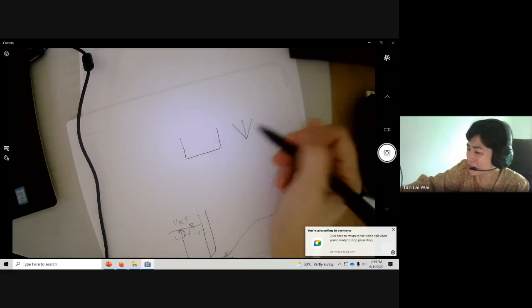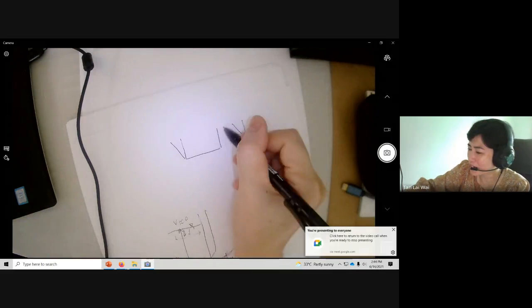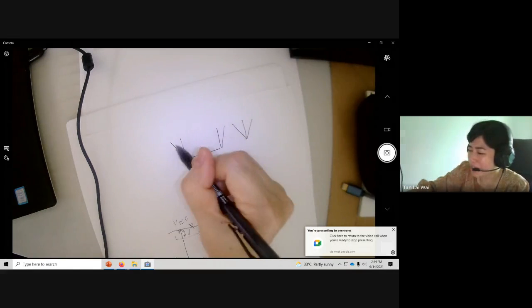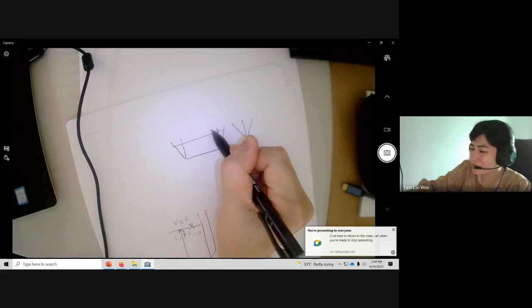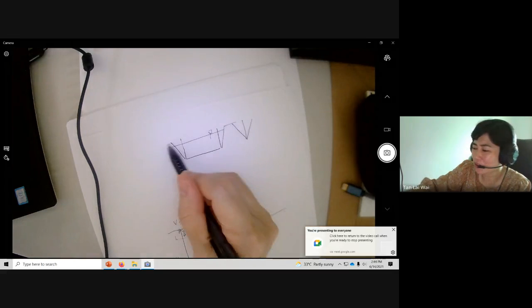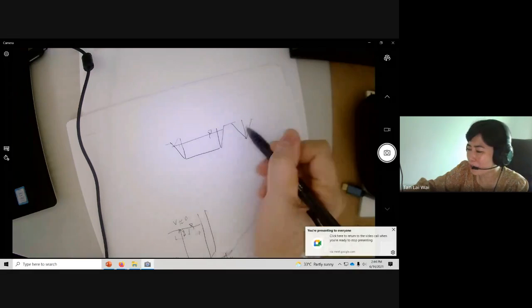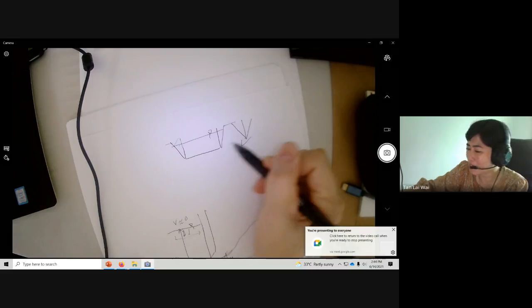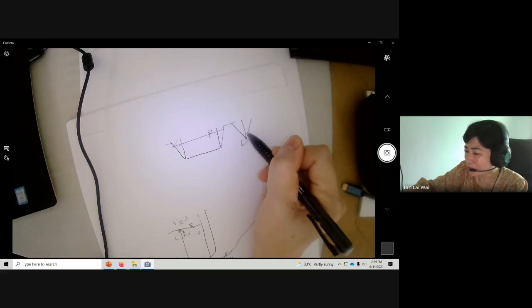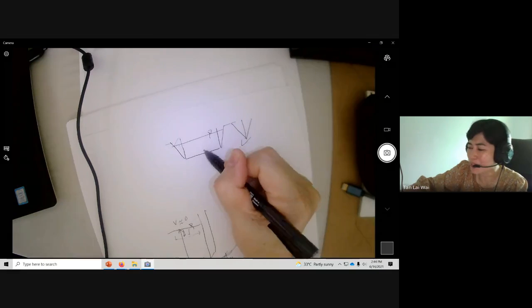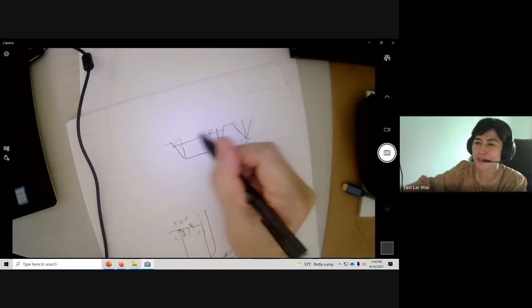Actually, if I break this and put it here, it can become a trapezoidal notch. So I can combine the triangular formula with the rectangular formula, and I can get the trapezoidal.